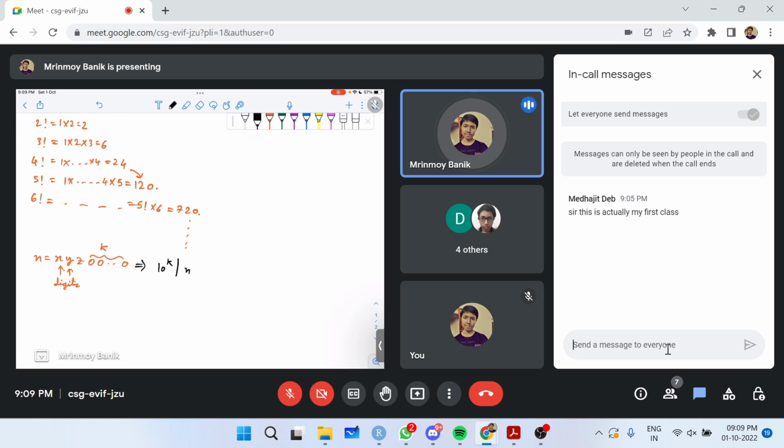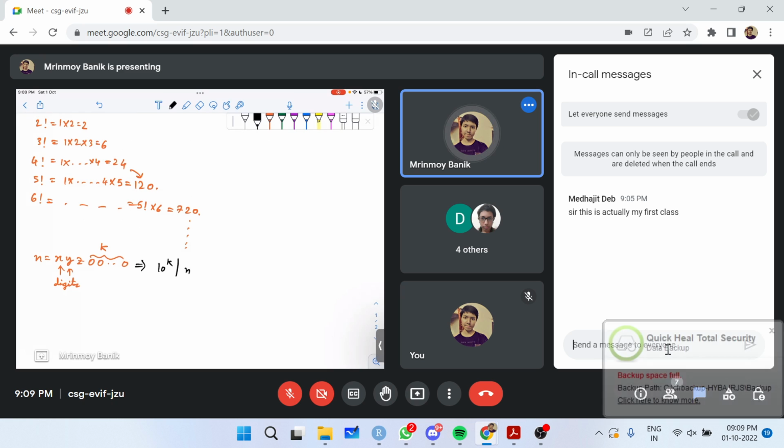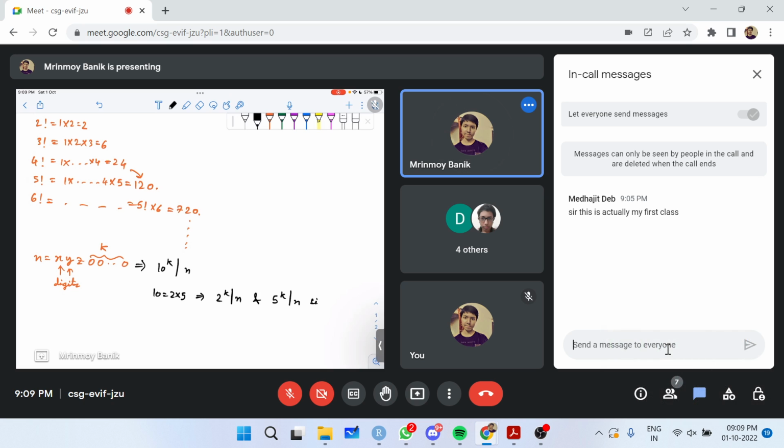Right, so 10 means 10 divides that number only and 100 doesn't. But if there are k zeros, 10 to the power k divides that number. And 10 is only composed of 2 prime factors, 2 and 5. So 2 to the power k divides n, and 5 to the power k divides n simultaneously.